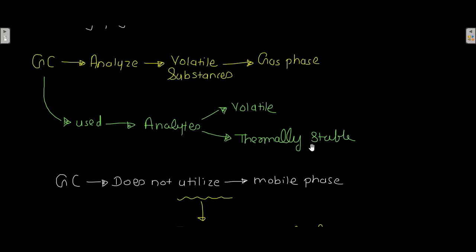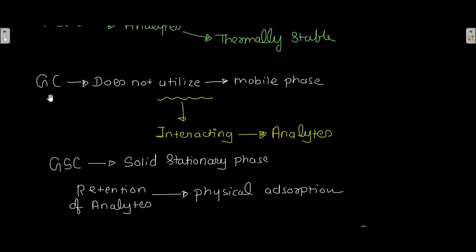So if the substance that you have to analyze is volatile and thermally stable, then you will use gas chromatography for its analysis. Now, gas chromatography is the only chromatography that does not utilize the mobile phase for interacting with the analytes. There is no utilization of mobile phase for interaction with analytes.